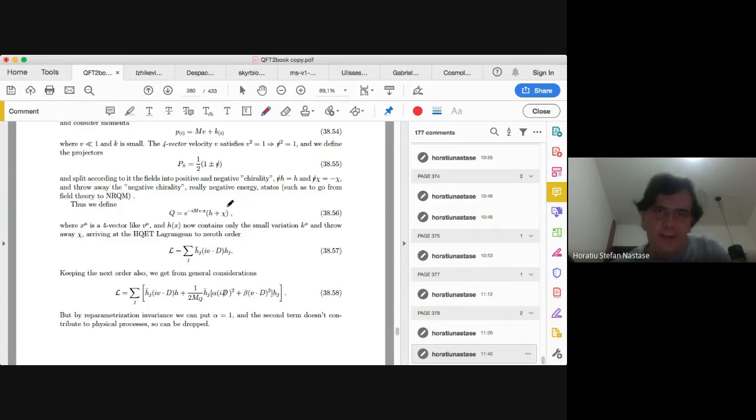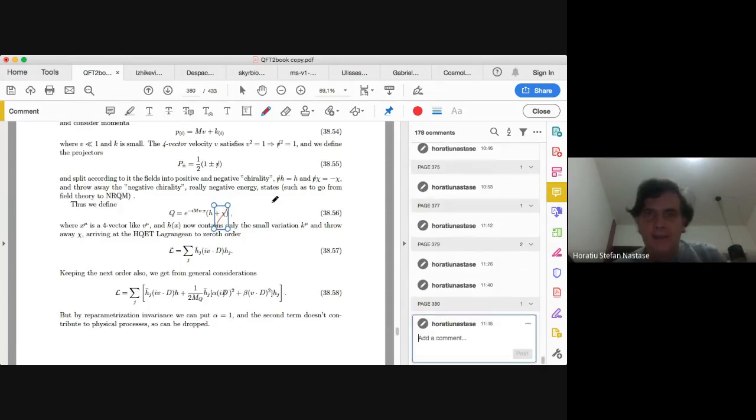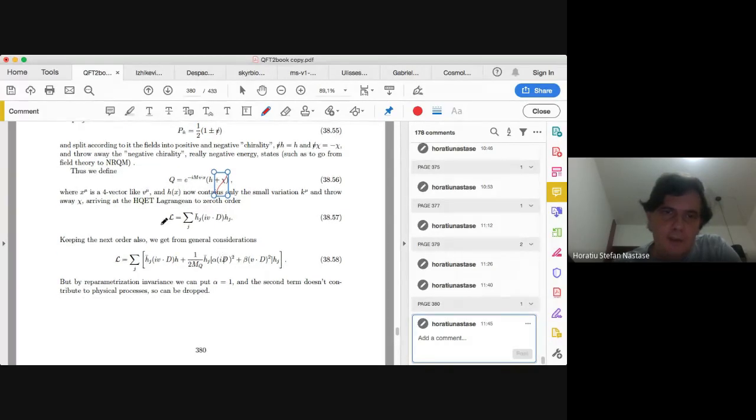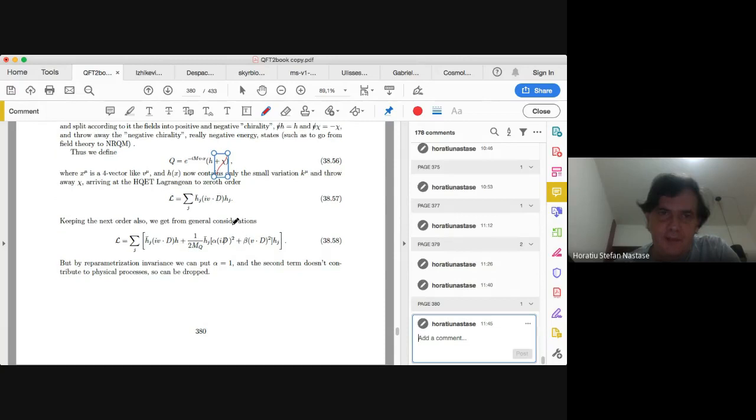And then we just throw away the chi, as we said. We're left with just h. And so correspondingly, we get the heavy quark effective theory in terms of just this h, as sum over j of h bar j, i v dot d, h j.